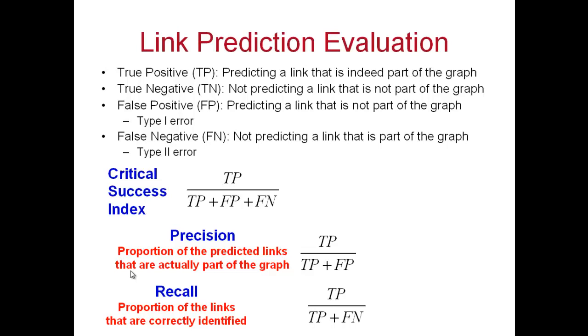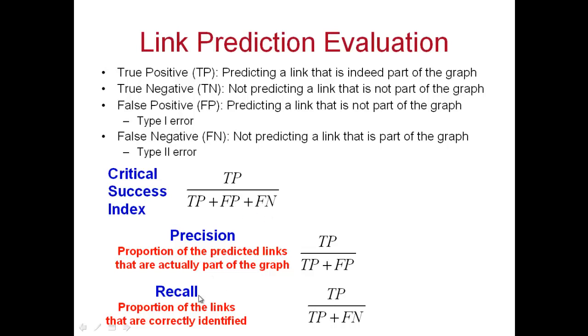There's a measure called critical success index, which is the ratio of true positives divided by true positives plus false positives plus false negatives. These are the 3 things that you are measuring, so what fraction of this is true positives? You would like to have this be 100%, or 1.